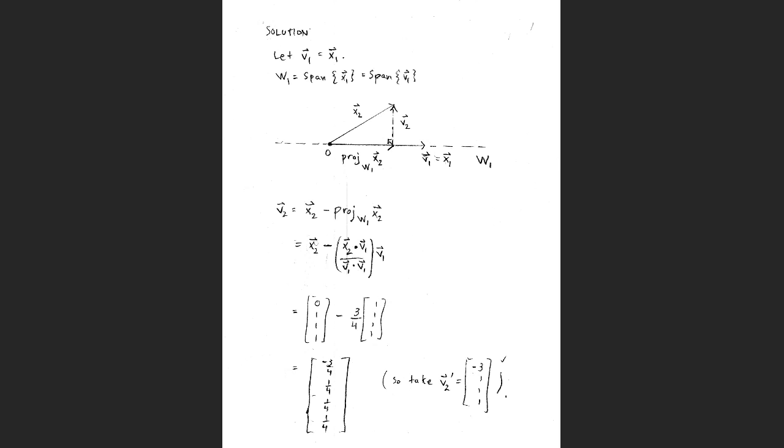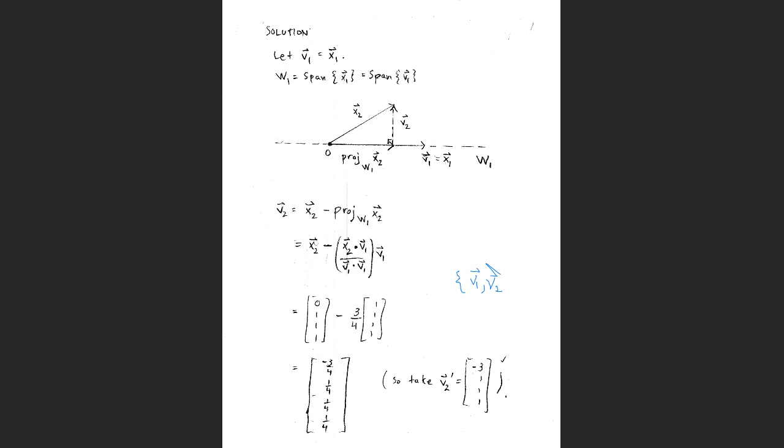Going back, my basis so far, I had x1 there, but it's v1, v2 prime. Because x1 equals v1.